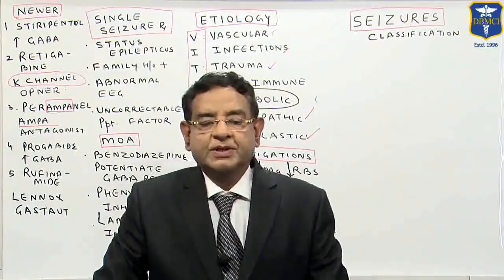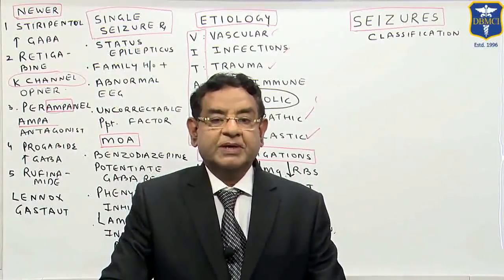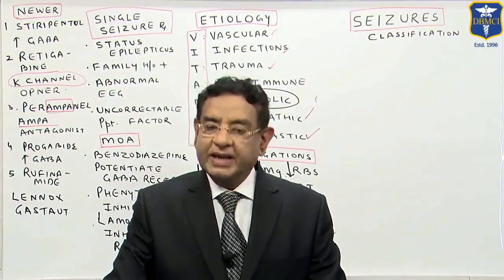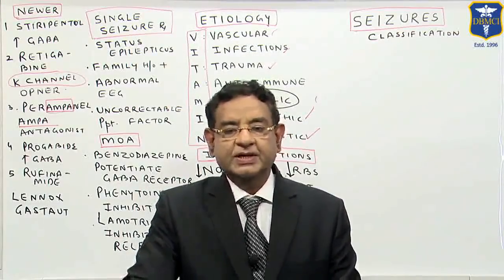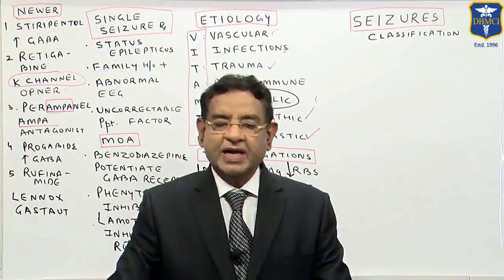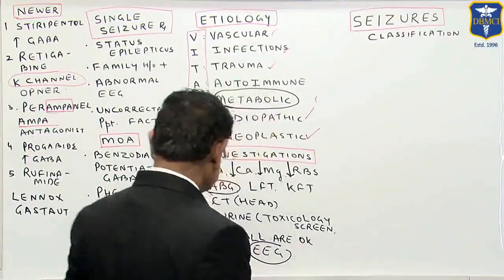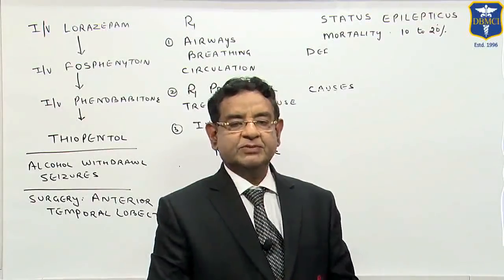Well, we are treating the patient, but at times the patient may come with status epilepticus. Okay. Now, what is status epilepticus and how do we manage it? Regarding status epilepticus, what is the definition?